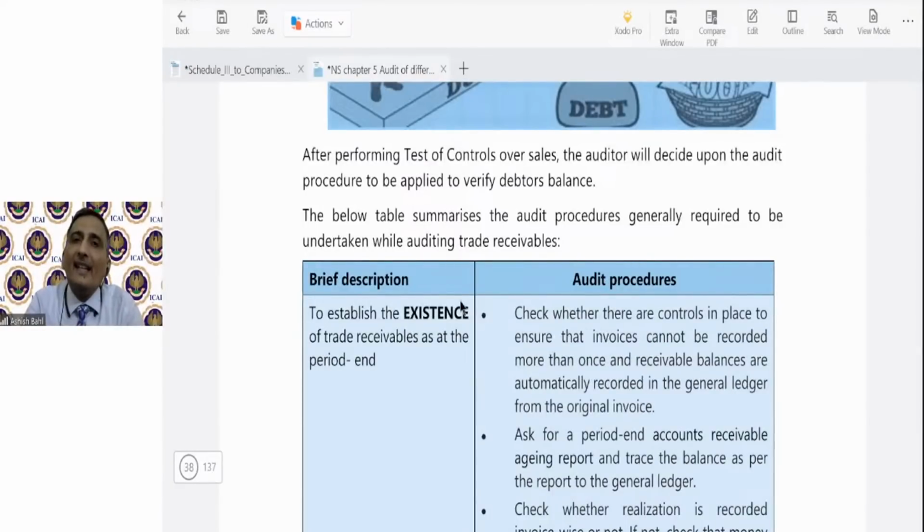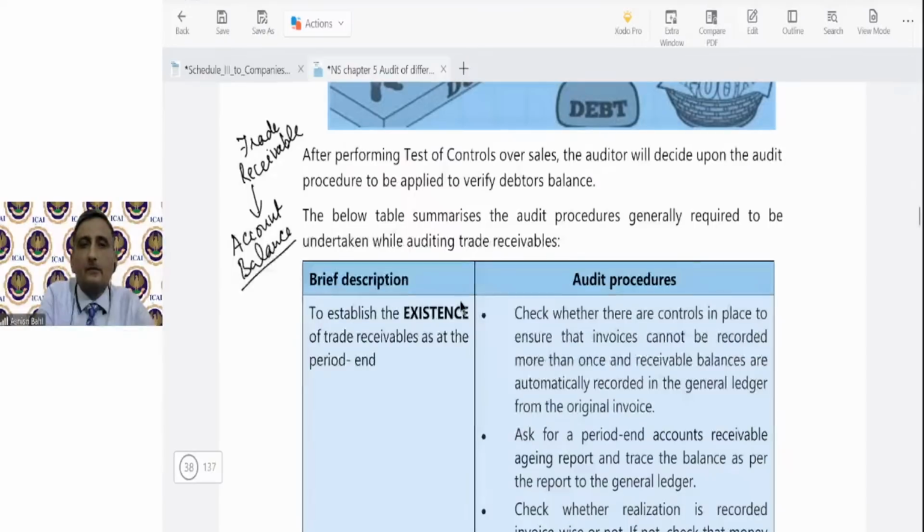So now what is a trade receivable, students? It is an account balance. So it is in the nature of an account balance.